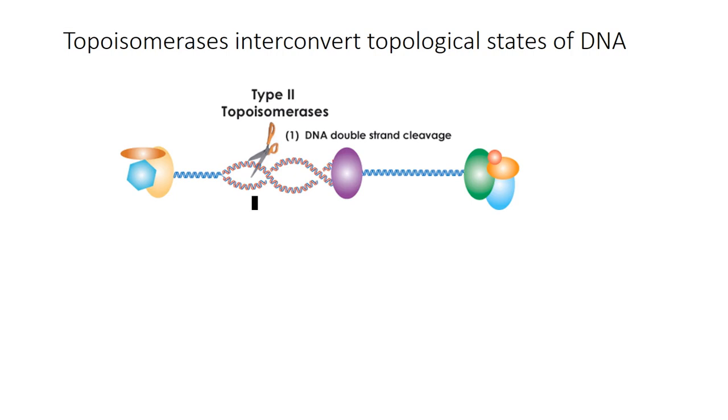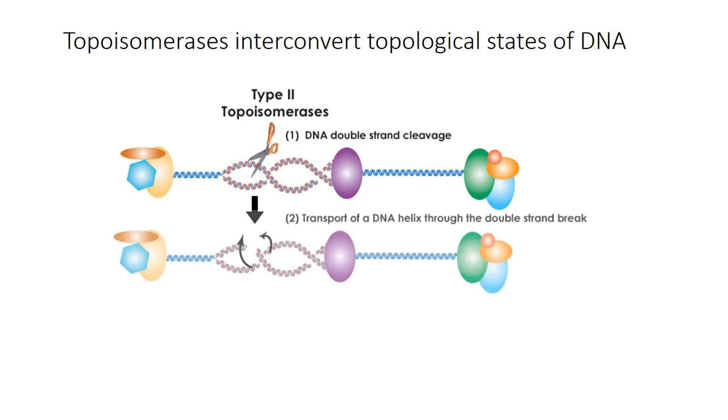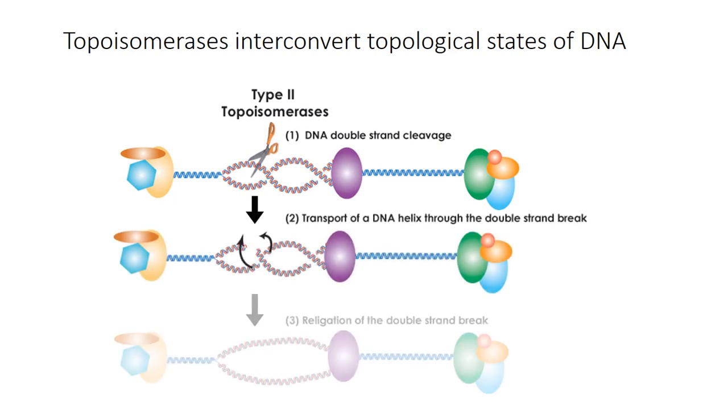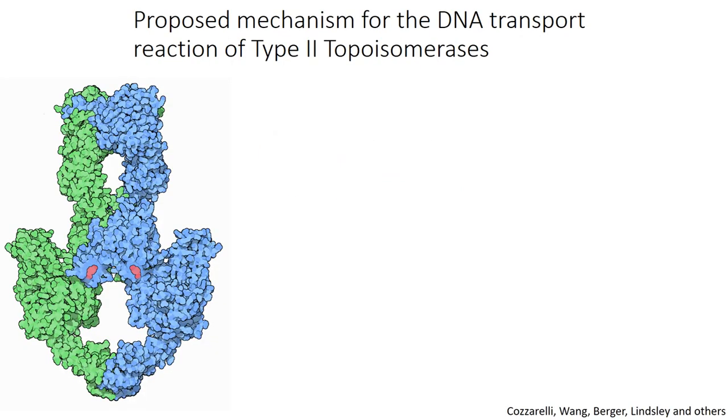To solve this particular problem, nature has invented another fascinating machine called topoisomerase. This particular machine can introduce a double-strand cleavage and pass through the second double strand, religate the cleavage, and at the end, we have decatenated the two DNA double strands. On this slide, you see the beautiful structure of the topoisomerase.